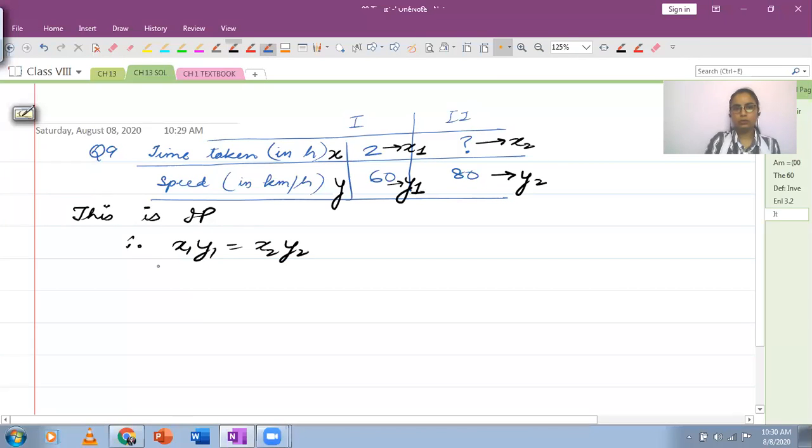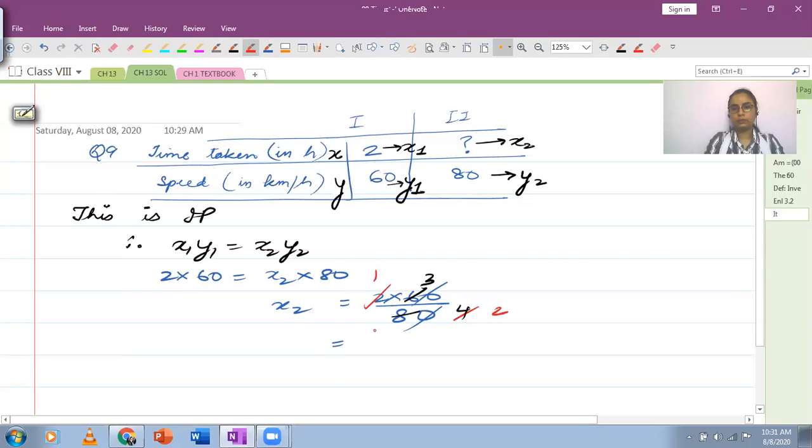So use the values and solve. We have 2 multiplied by 60 equals x2 multiplied by 80. From here, the value of x2 will be 2 multiplied by 60 over 80. This comes out to be a fraction. So this is 3 by 2 hours.